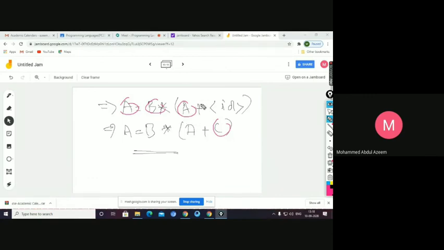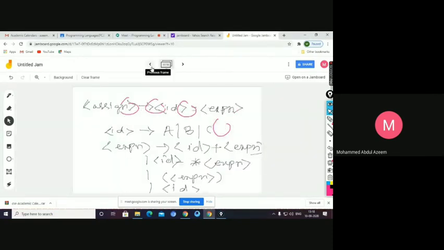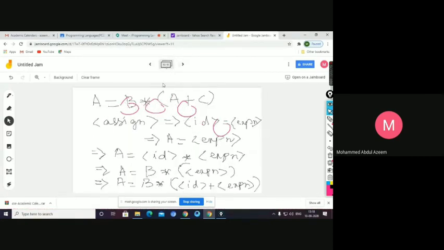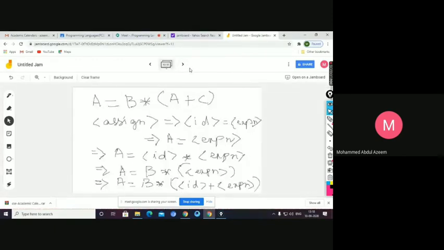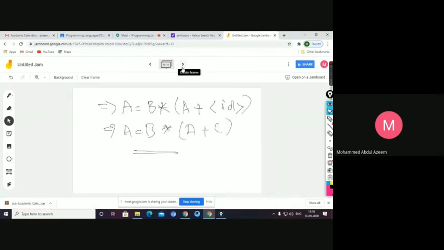Now what I have discussed here: I have defined the grammar for the assignment statement, and then I took one statement, and that statement is derived using this particular grammar. I'm saying this derivation is leftmost because when I was deriving, I could see the identifiers for my statement being derived from the left hand side onwards, right?